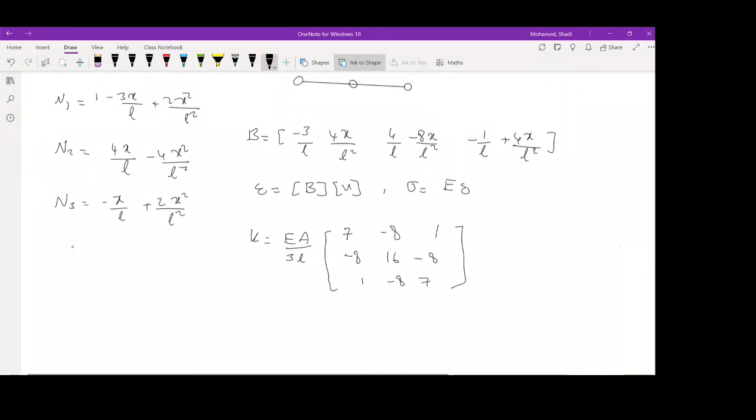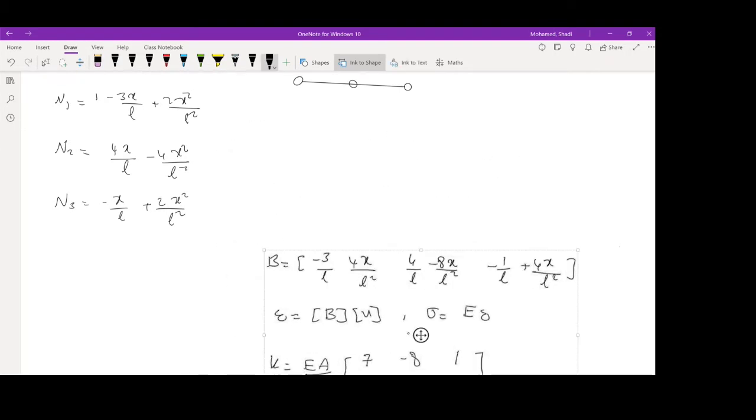Okay, so if you want to draw the first shape function for this line element, I'll draw them underneath the element. I think this would be better. So this is the element. If you want to draw the first shape function, so this is x and this is N1, then in this case, this is going to look like this.